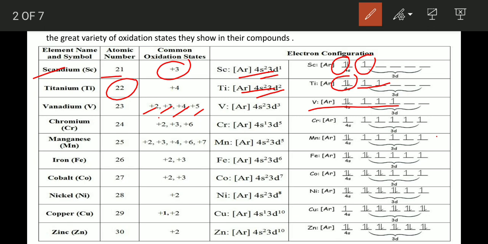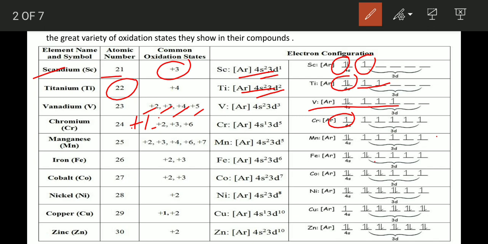Chromium, it can show +2, +3, +4, +5, +6 oxidation state. It can show this +1 also. Just observe here, when we see the electronic configuration, then we get that chromium can show this +1 oxidation state also.